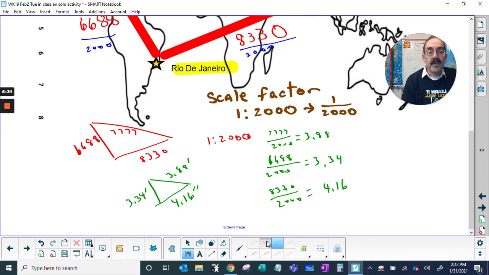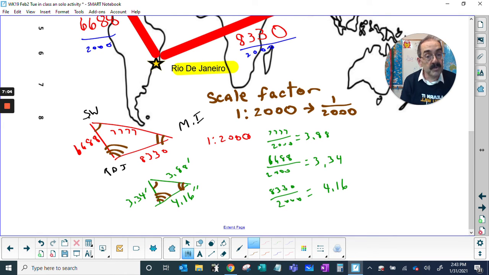All the angles stay the same, okay? So this angle corresponds to this angle. This angle corresponds to that angle. And this angle corresponds to that angle. And they all have names, right? We had Spokane, Washington, Mumbai, India, and Rio de Janeiro.